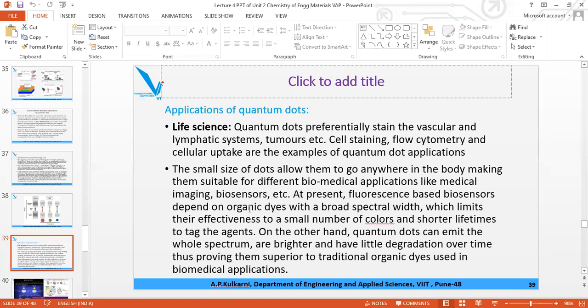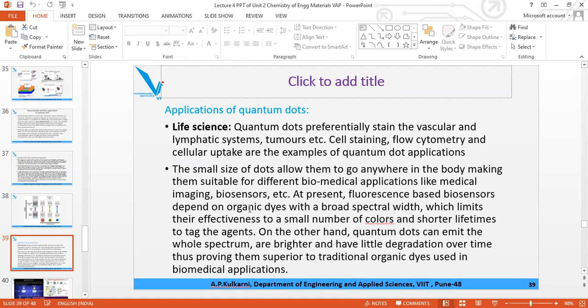So that is why, this is not the problem with the quantum dots, but it is the main problem with the organic dyes. Organic dyes remain permanently as long as they are there. They are not removed easily, so they need to be removed forcefully from the body by drinking more and more water, or maybe by taking some chemical.